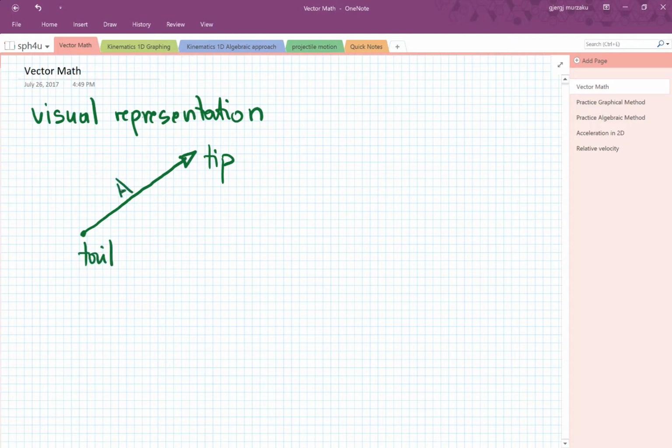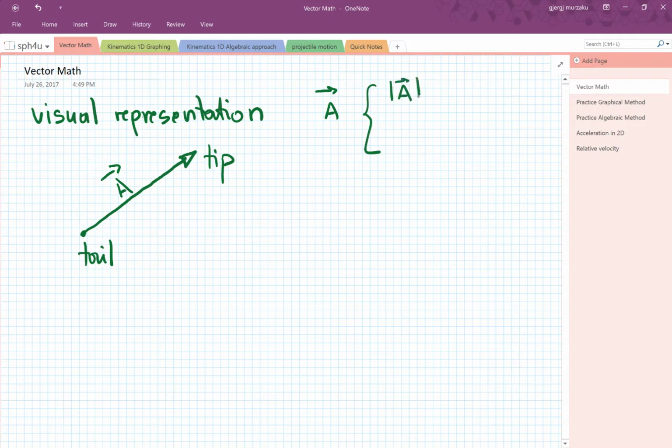We usually label it, let's say vector A, and we put the arrow on top of the variable to denote that that is a vector. So a vector is represented like that, like A. It has two quantities.